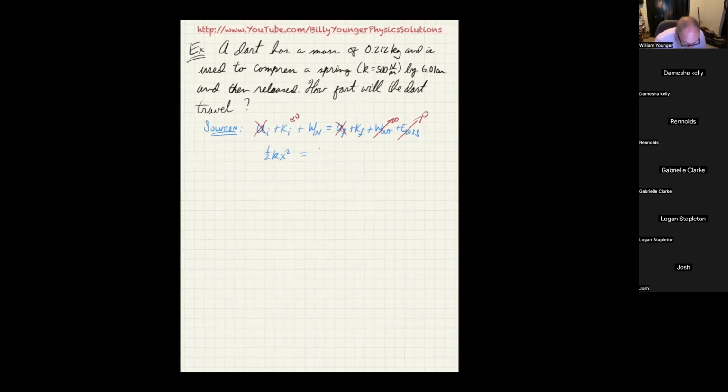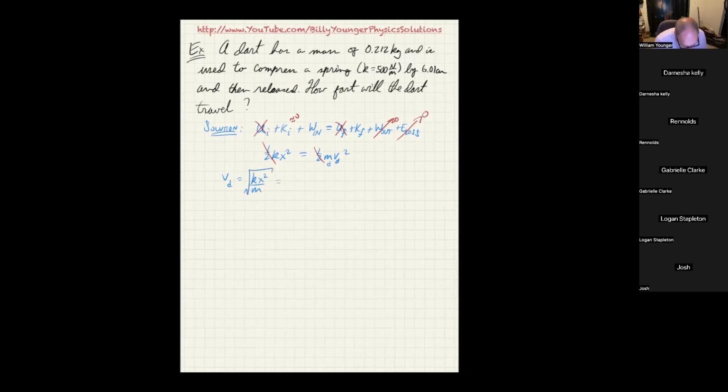And that's equal to 1/2 m v dart squared. You can see I can cancel out this factor of 1/2 and this factor of 1/2, and v dart is equal to the square root of kx squared over m.